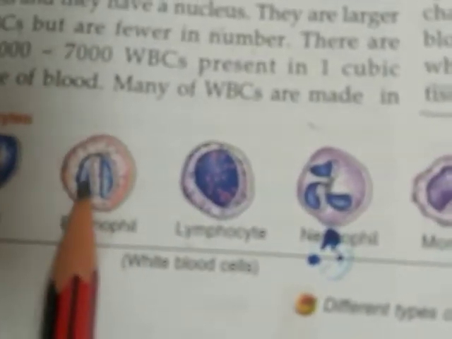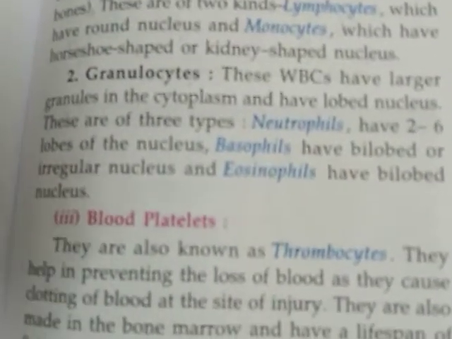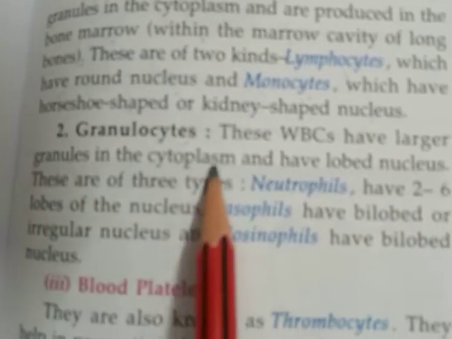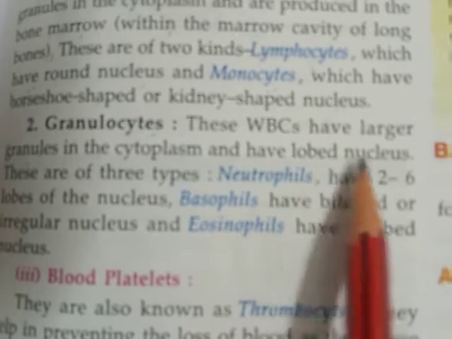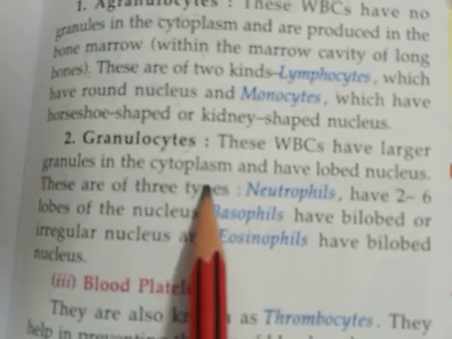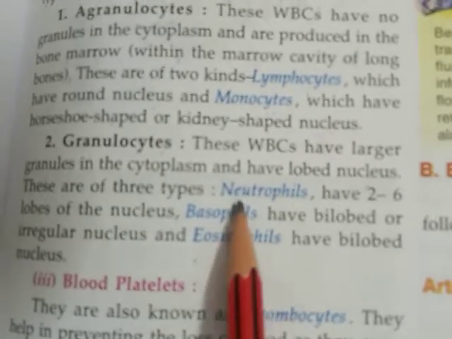See here, this is one lobe, this is two lobes, and this is three lobed. So their nucleus is lobed. Granulocytes are of three types.